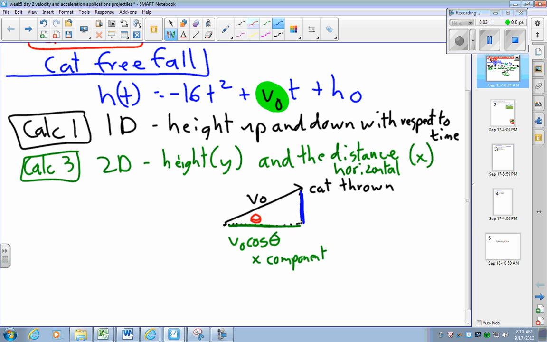And this part here would be v naught sine theta, and this represents the y component. So based off a certain angle, part of that velocity is being used to throw it horizontally, and part of that velocity is being used to throw it up. I want to start to separate those two components so you can really extract out what's going on with the x and what's going on with the y based off time.